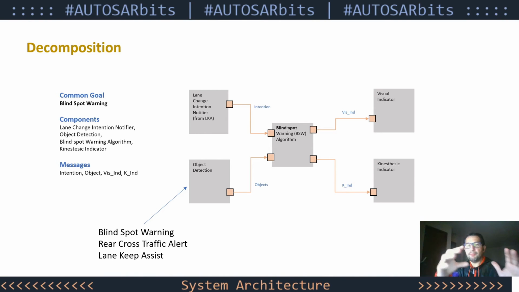So we have here a view of just one function. If we zoom out of this architecture, we will see the complete diagram encompassing all the functions. And so we will see here that object detection is used by other functions like rear cross traffic alert and lane keep assist, just to give an example.